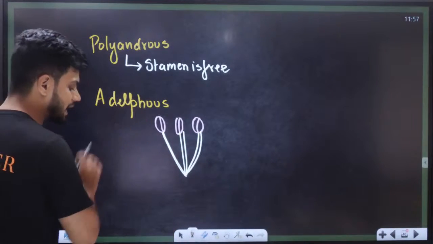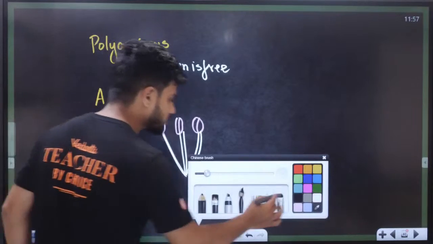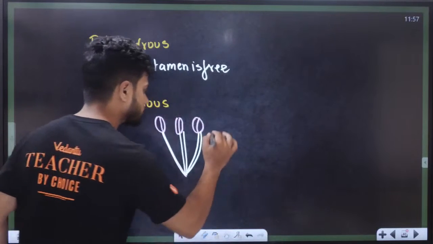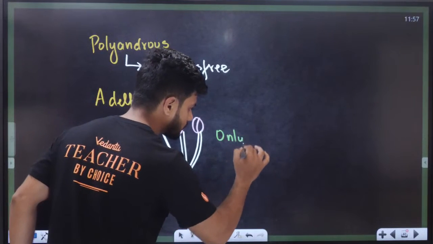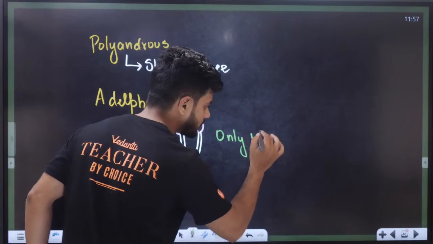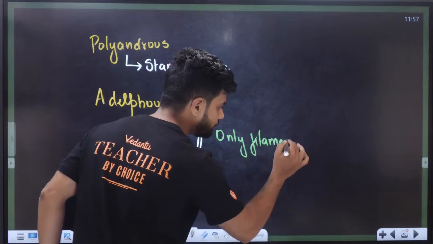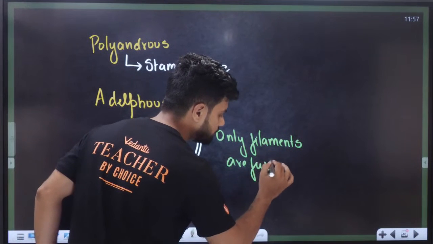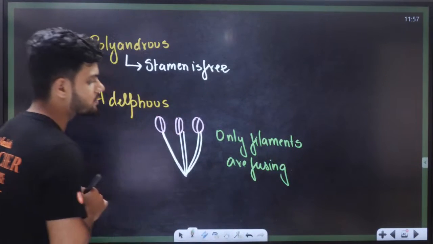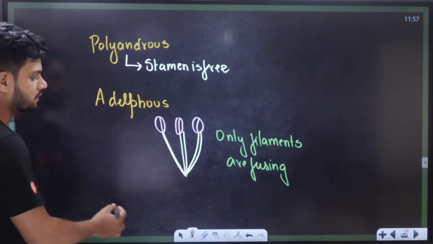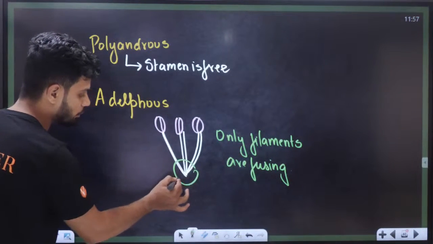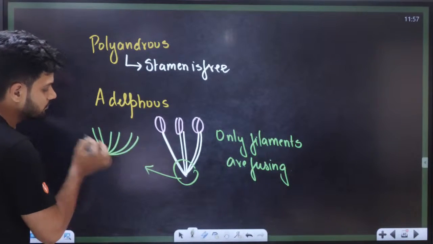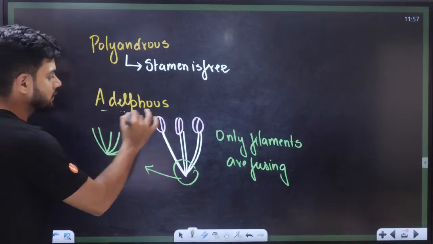In the case of adelphous condition, only and only the filaments are fusing. That is called your adelphous condition. Can you see? Filaments are fused here. At this point, all the filaments are fusing like this. That is called adelphous condition.